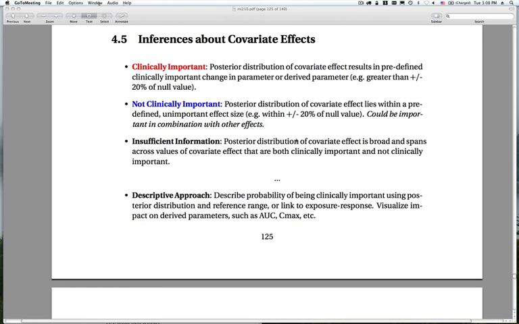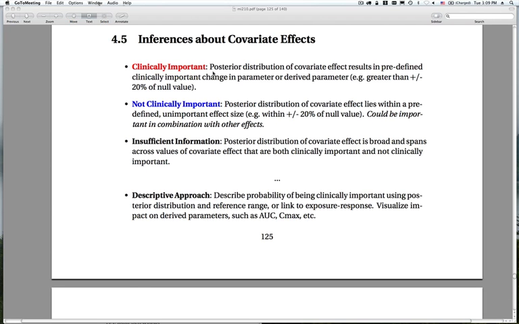Talking about inferences again, when we go back to those plots, we could then maybe categorize effects as clinically important, not clinically important, or that the information is insufficient. If it's clinically important, that means that posterior distribution or that interval of the covariate effect would result in some effect. The entire interval is beyond a predefined clinically important change.